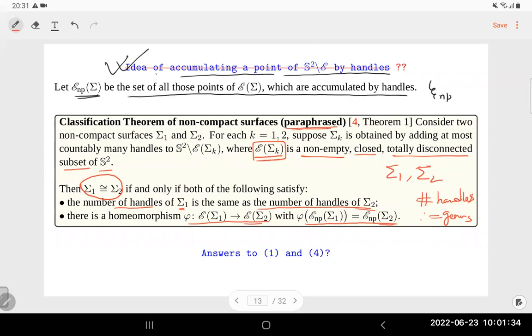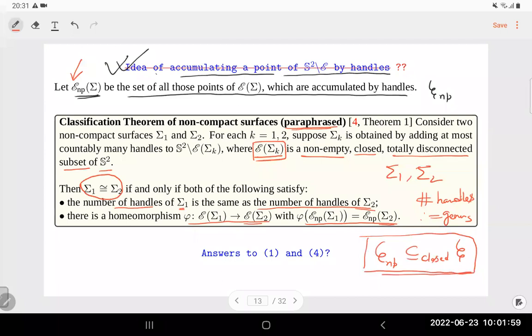Well, so one thing that I want to mention, you can check from here, is that the set of all non-planar, let's write here, NP is a closed subset of this thing. This is just a basic fact. You can check it like a set of all limit points.